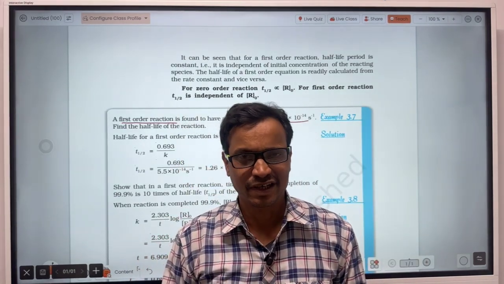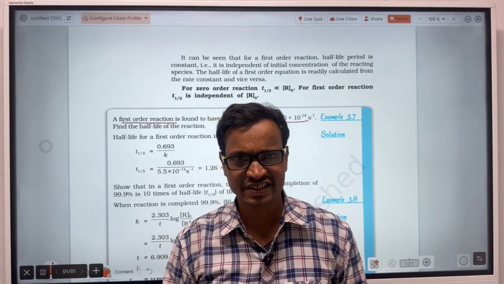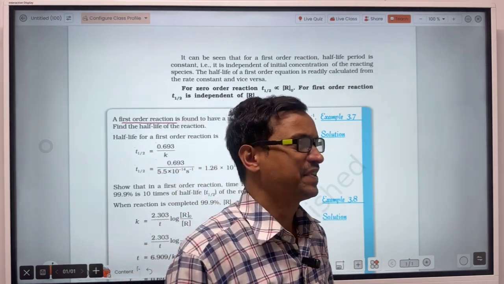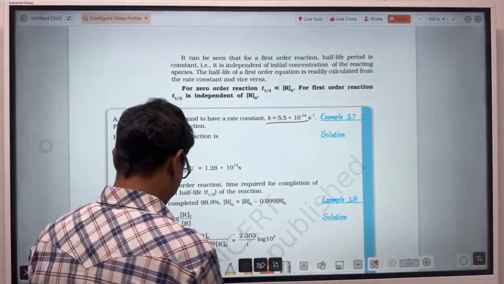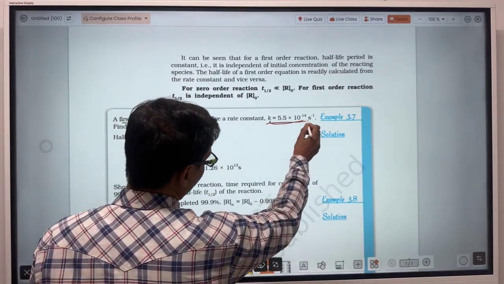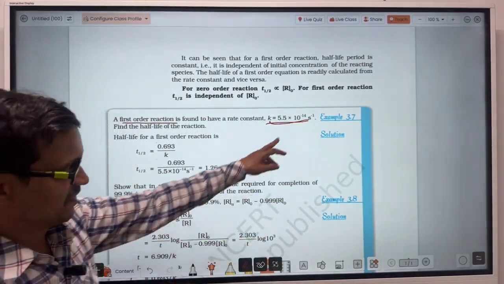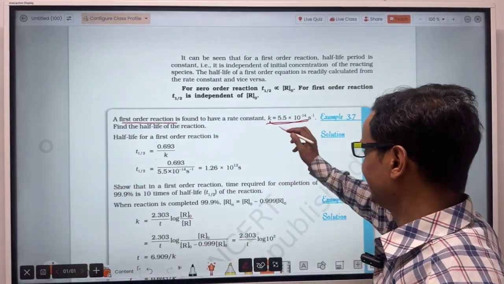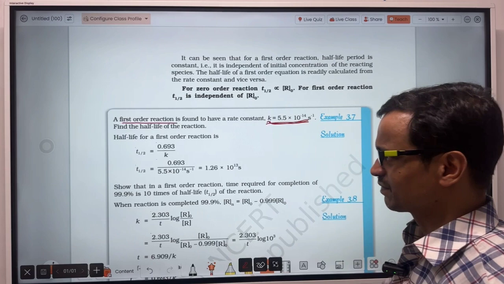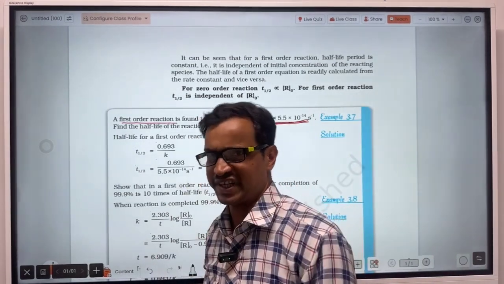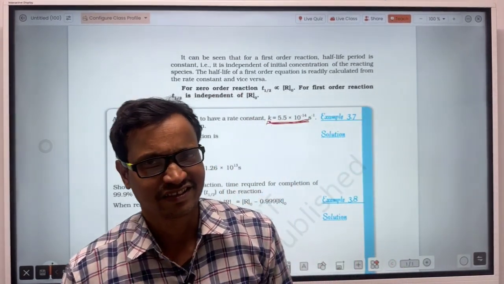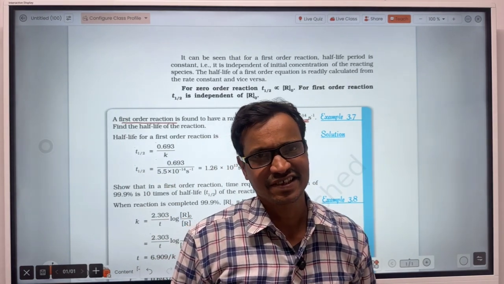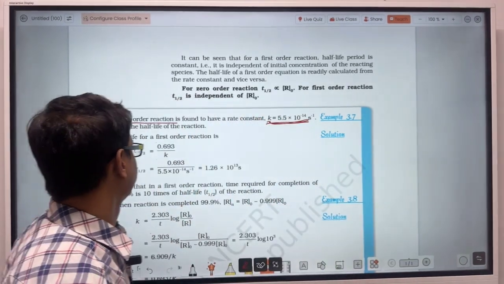But for NEET or CUET, keep in mind that if the unit of rate constant is time inverse, that is second inverse, minute inverse or hour inverse, then you have to predict by yourself that the order of reaction is 1. That means this reaction is a first order reaction.